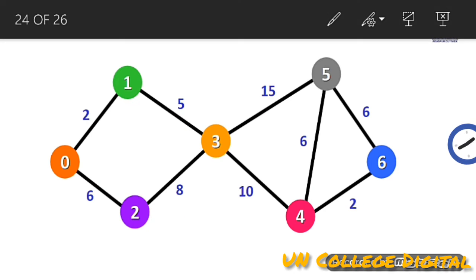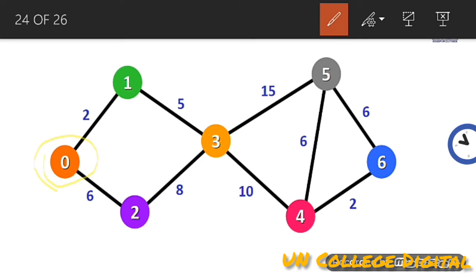Now here again I have used another example of Dijkstra algorithm, so you will be clear on the concept. Suppose in this graph I have used 0 as the starting vertex. Here you can see that there are 0, 1, 2, 3, 4, 5, 6 vertices and a number of edges. Let me first select 0.